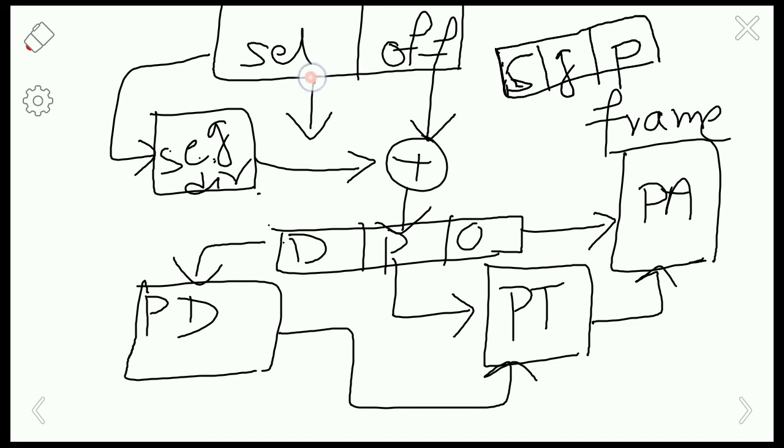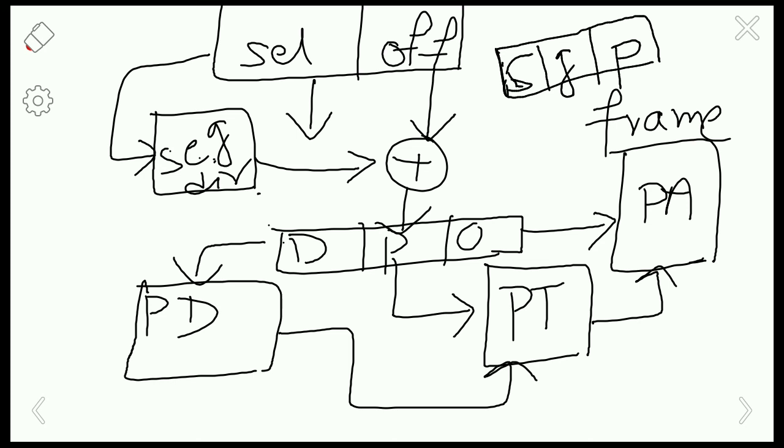So here the selector acts as an index for the segment descriptor table, and we add the base address of the segment with the offset to get the linear address, that is the directory, page, and offset. The page directory acts as an index to the page table, and in the page table the page number acts as an index. So here we are using two level paging.